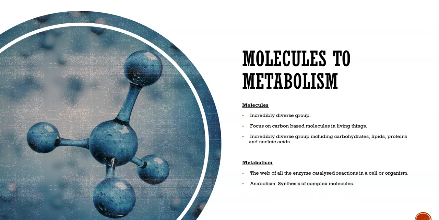So a few new words. We've got anabolism, which is the synthesis of complex molecules. Catabolism is the breakdown. So synthesis is building and breakdown is the opposite. Anabolism, building up; catabolism, breaking down.